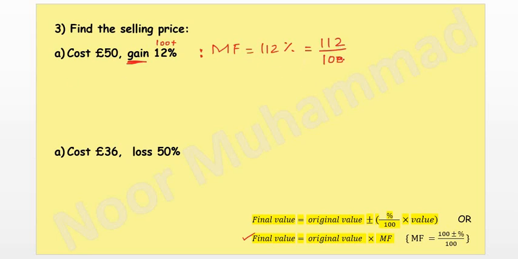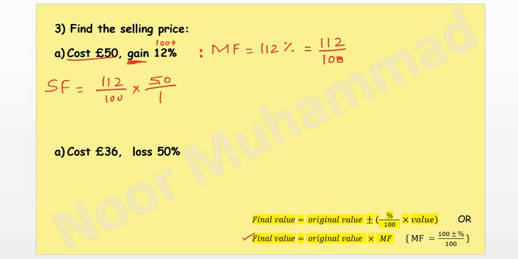Now use this multiplying factor to multiply with the original price. So our selling price, or you can say the final value, will be 112 out of 100 times the buying price, or you can say the cost.